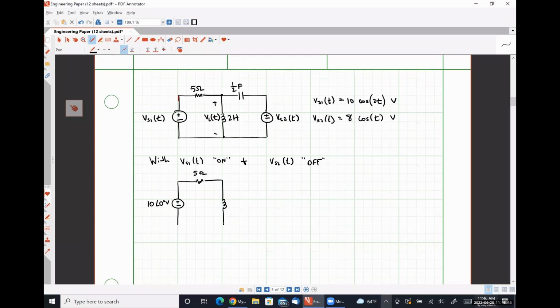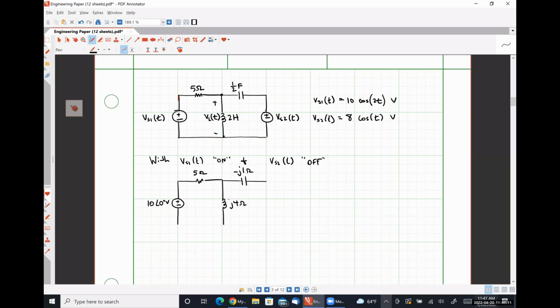So that's giving us an impedance of J4 ohms. What about our capacitor? Negative J, right? Yeah. So negative J1 ohms.